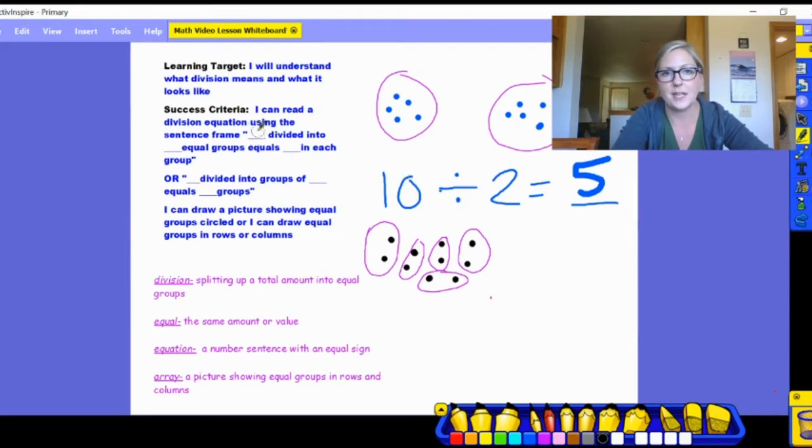So I would say 10 divided into 2 equal groups equals 5 in each group. So that would be how to read this equation that we wrote here as a sentence like this.